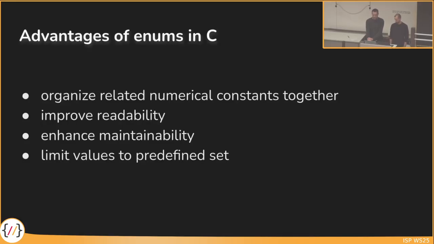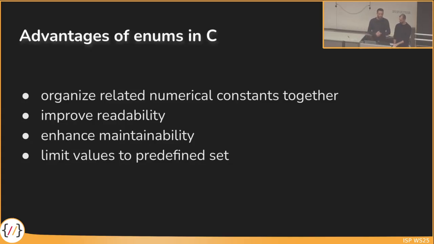Okay, so the advantages of enums in C are that you can now organize values that belong together, as in our previous examples, the weekdays, and you have those numerical constants together in one place with meaningful names. So it really improves the readability, because if we see Monday, we know it's 0.